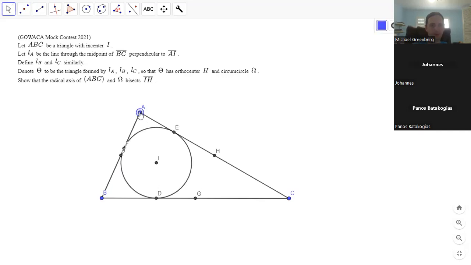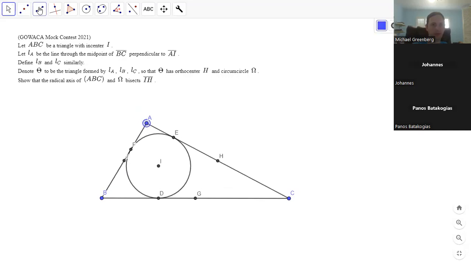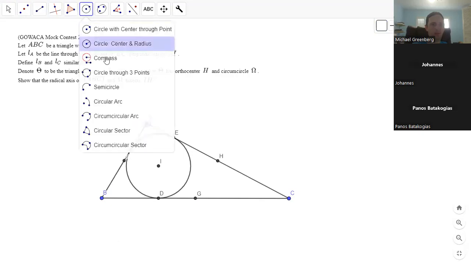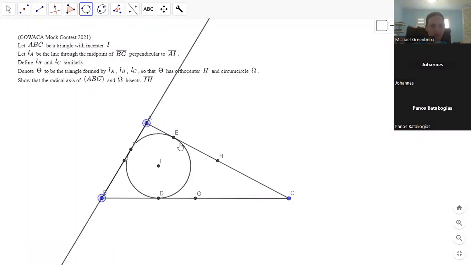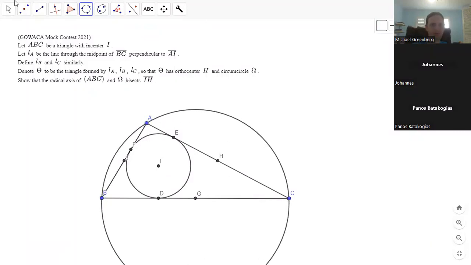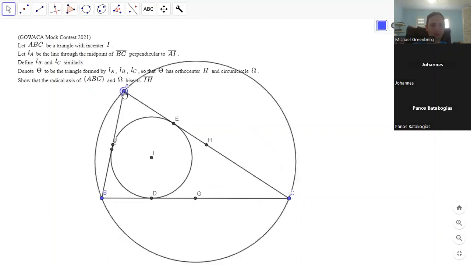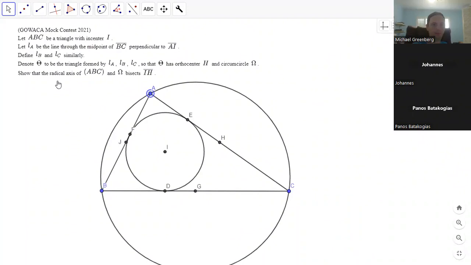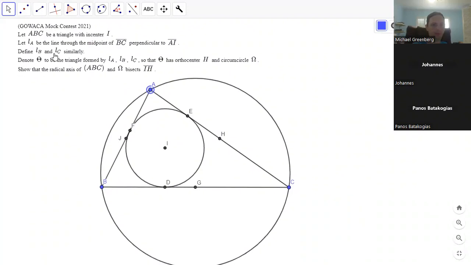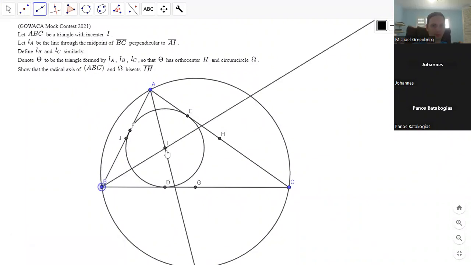So we do it through the midpoint of BC, perpendicular to AI. Maybe it's worth drawing the circumcircle. So we could draw the midpoints of the arcs and then drop perpendiculars to them. So we have this, this, and this.